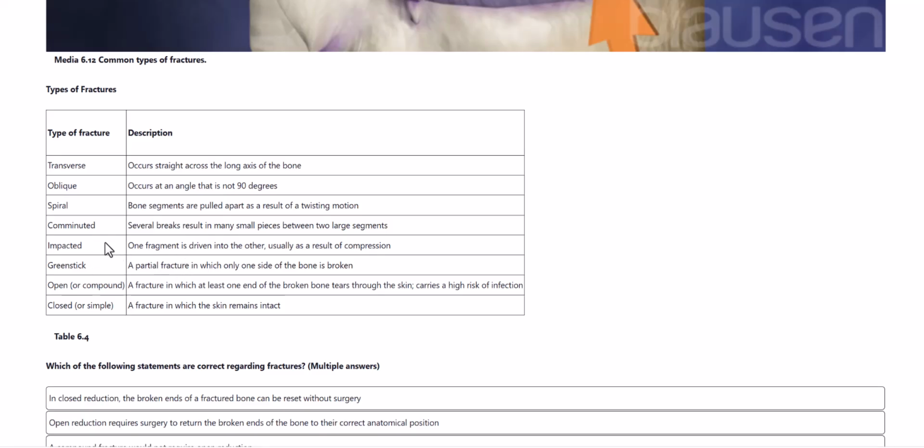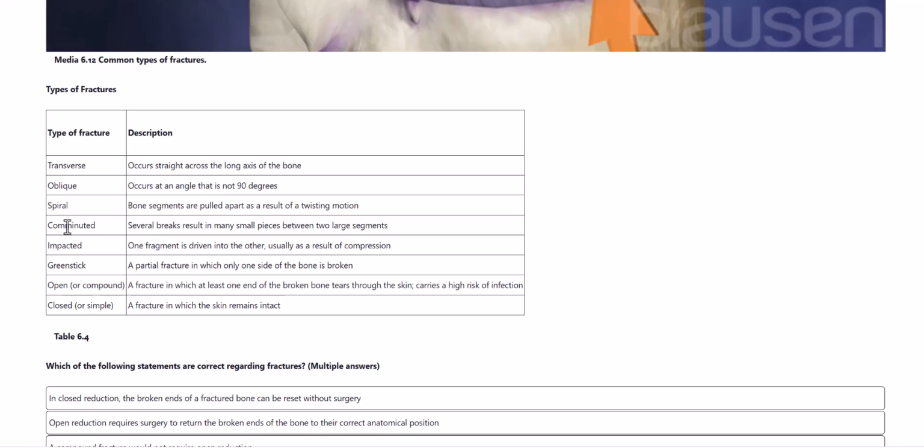An impact fracture, if you can imagine you are driving along and you're in a front end collision of some sort. And as a result, your entire leg is shoved up, impacted up into your hip. That could cause an impact fracture where the neck of your femur would break, as an example.